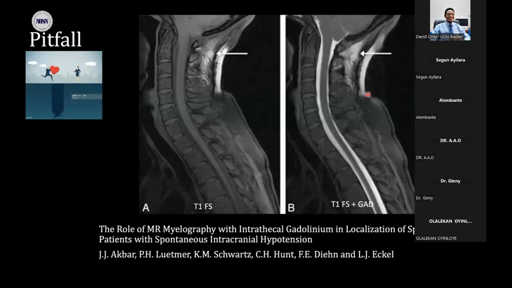We said that we have to be careful about signal at the upper cervical region. If you have poor saturation in the fat sat sequence, you may see signal along the spine, and it would be erroneous to think that you have multiple leaks at all these levels.